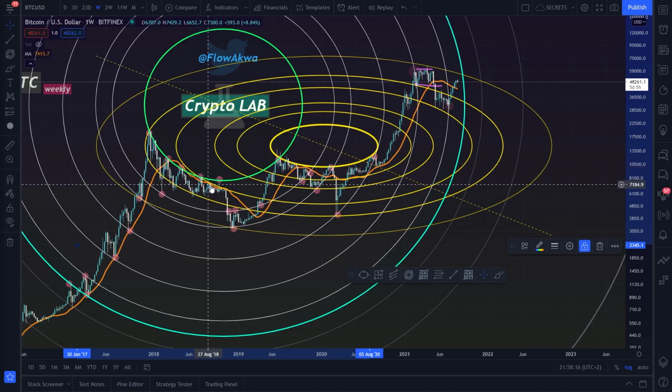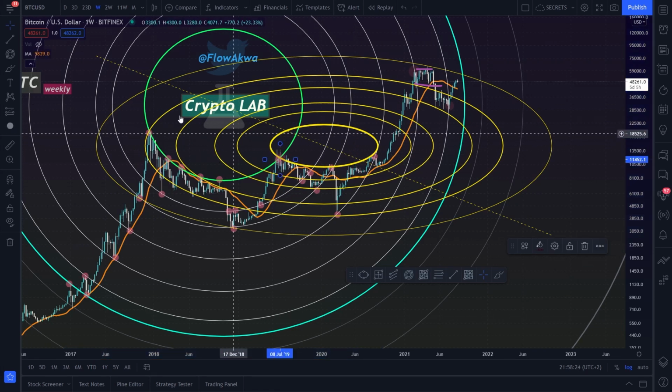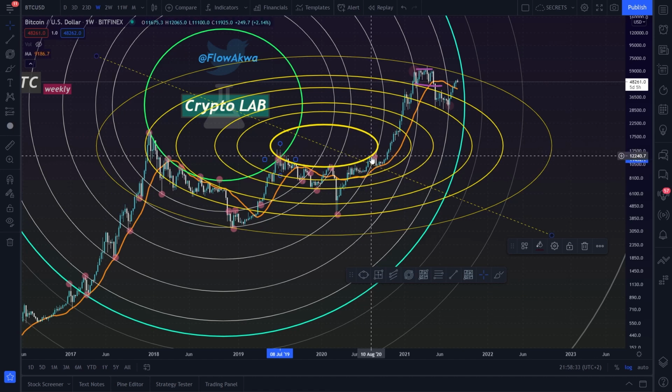Here is another example, okay? You can see I have my setup circle just right here. It was a pivot point here, okay? Here, all this area. Here it was a pivot point, it was a pivot point, it was a pivot point, okay? What happens next?